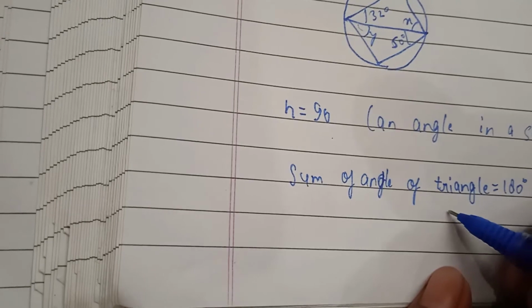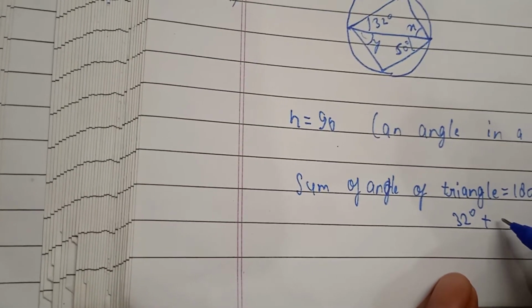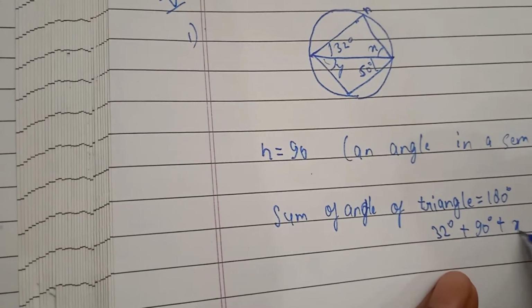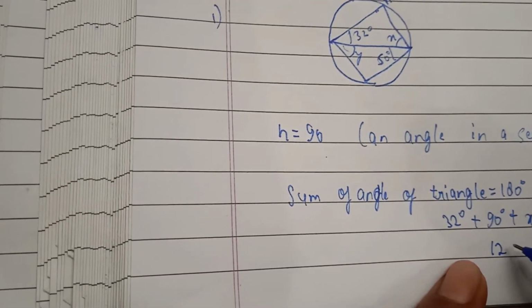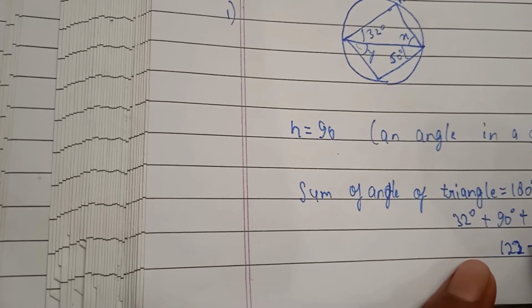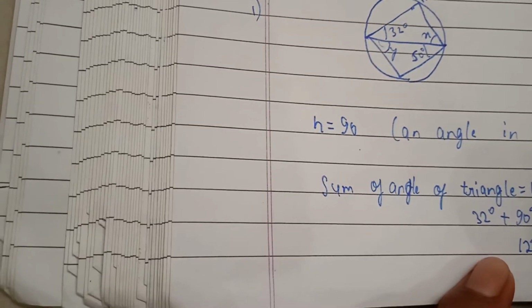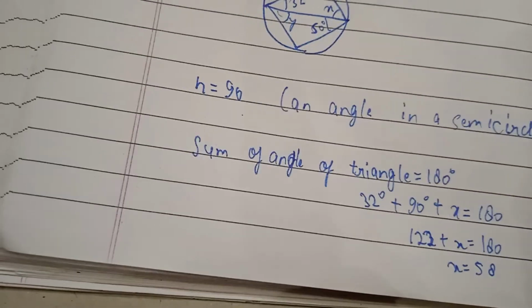So 32 degree plus 90 degree plus x is equal to 180. 122 plus x is equal to 180 degree, means x is equal to 58. So our x is 58.